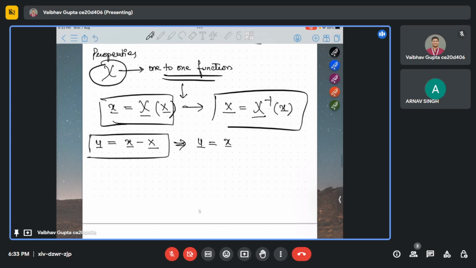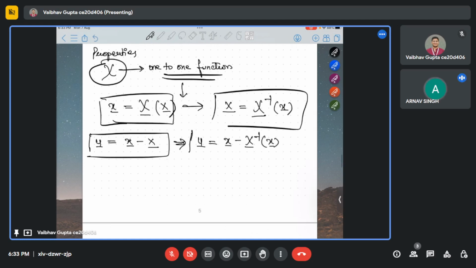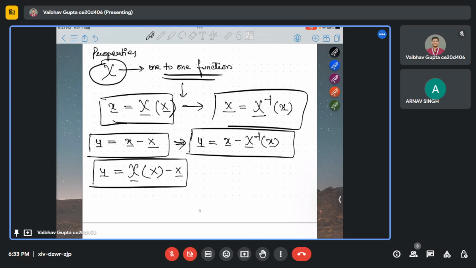You will use the deformation field and convert this capital X into small x. Similarly, if you know capital X and you don't know small x, you will again use the deformation field. You can write like this.